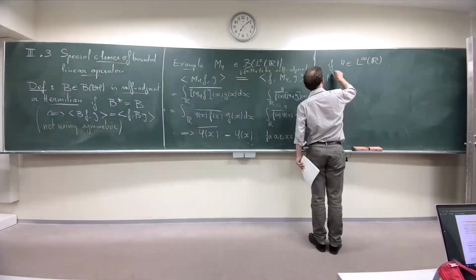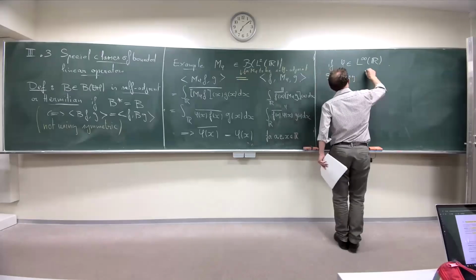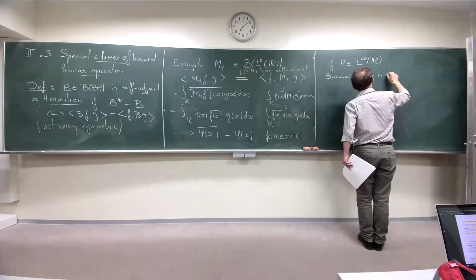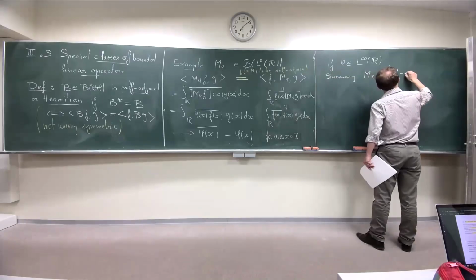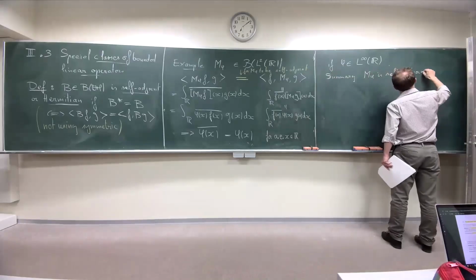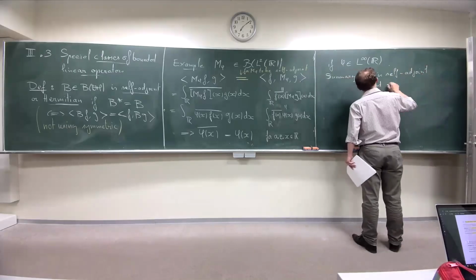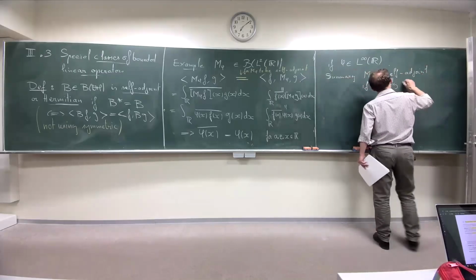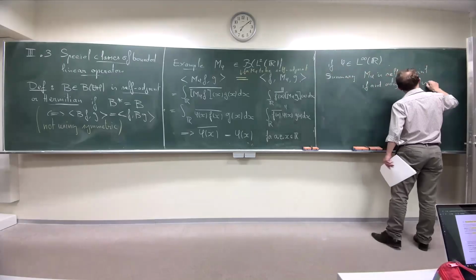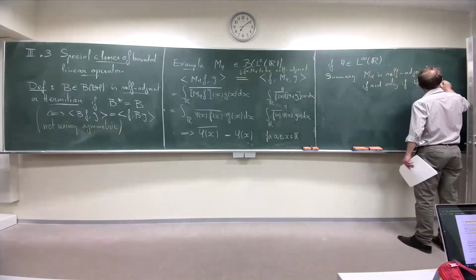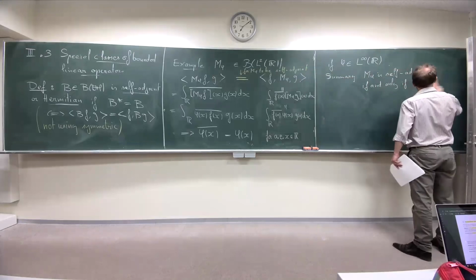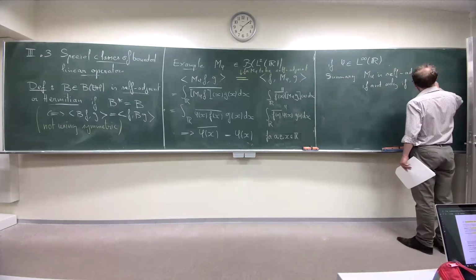So I can now summarize this example. M phi is self-adjoint if and only if phi is a real function.